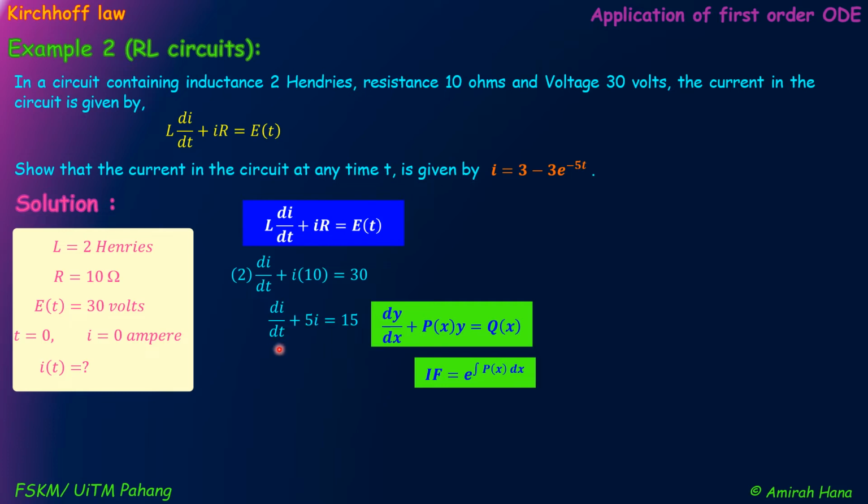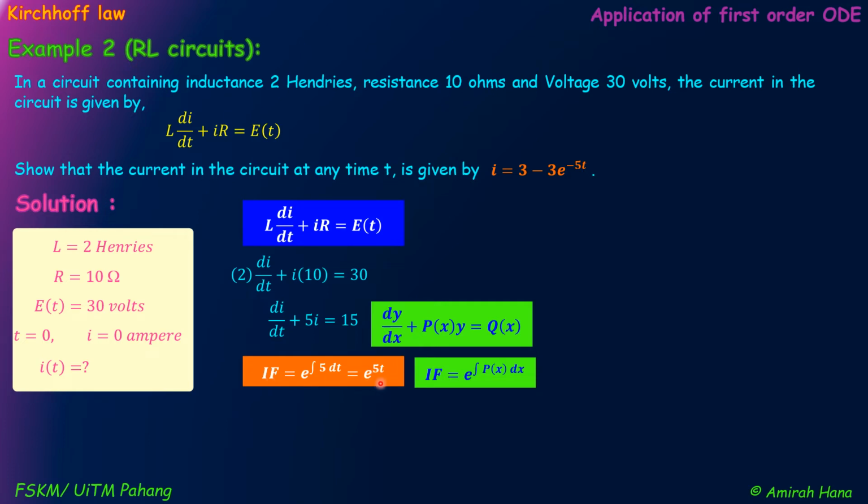So to find IF, we use this formula: e to the power of the integration of 5 dt, since dx now equals dt. After we integrate 5 with respect to t, we got 5t. So our IF now equals e^(5t).